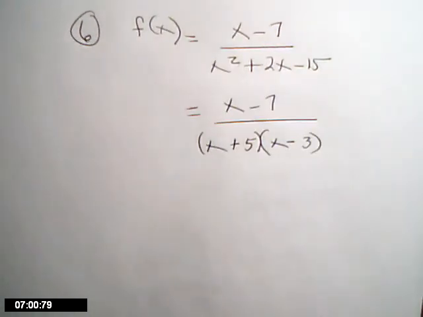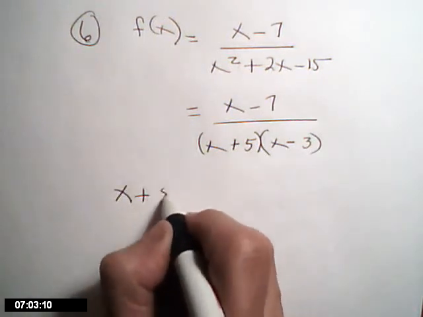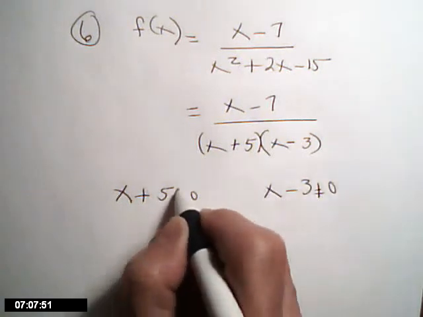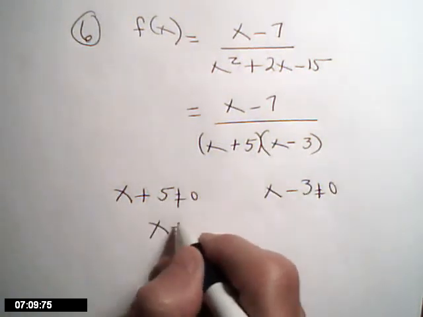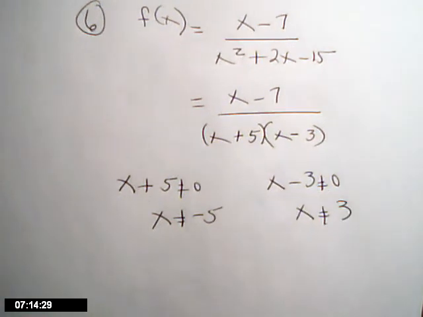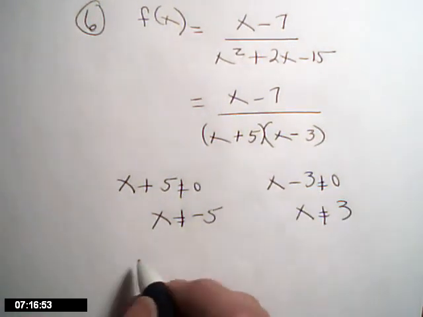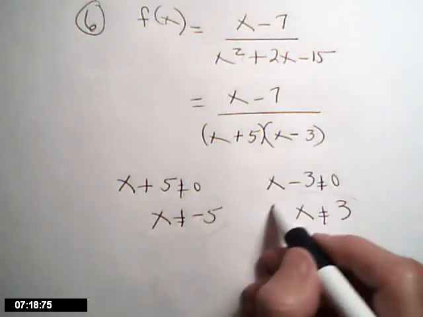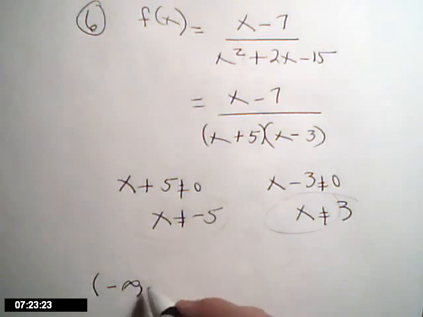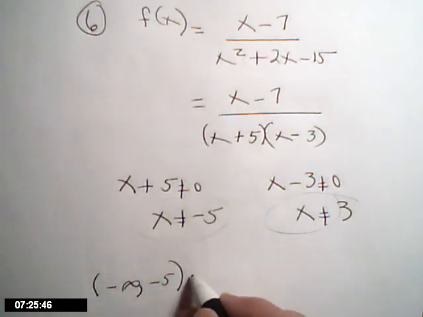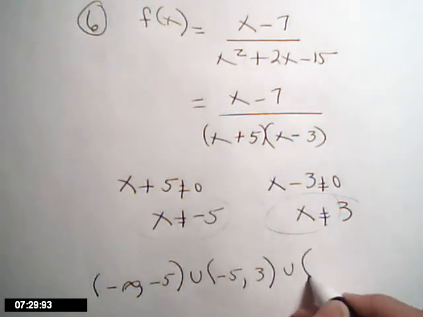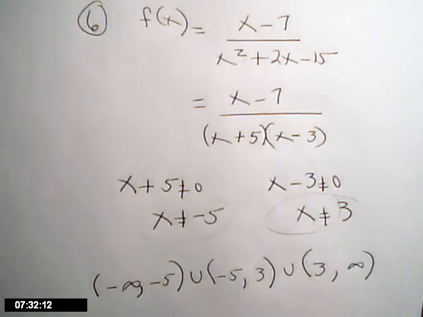Now, remember with a fraction, you set your denominator not equal to 0. So I set both of those factors not equal to 0. So x cannot be negative 5, x cannot be positive 3. Now, I'm leaving out this number and this number on a number line. So I have negative infinity up to negative 5, union negative 5 up to 3, union 3 through positive infinity for my answer.